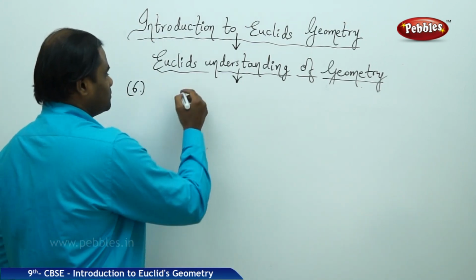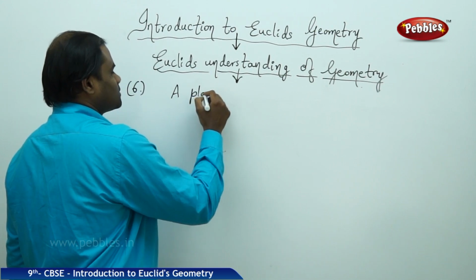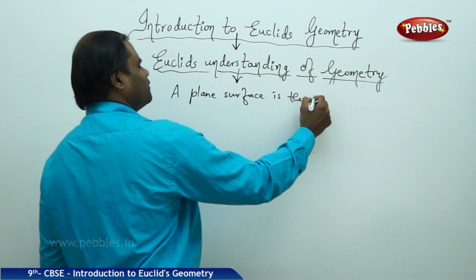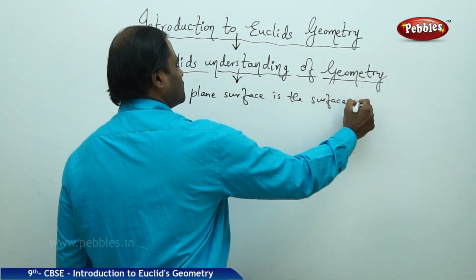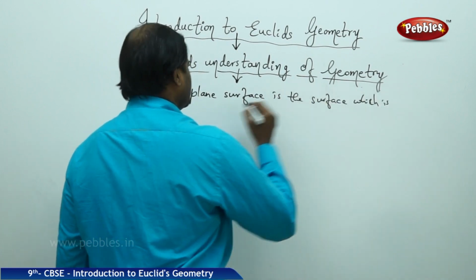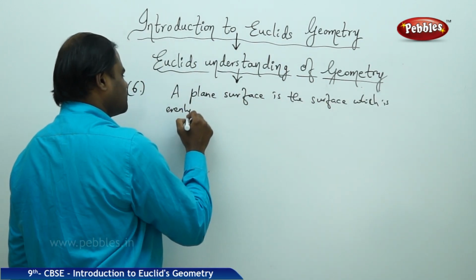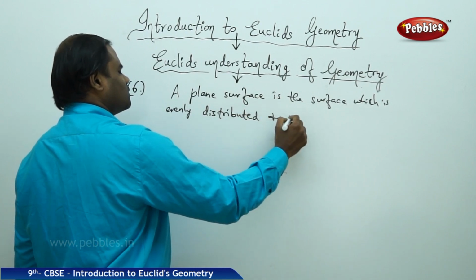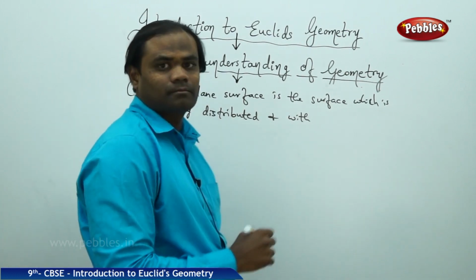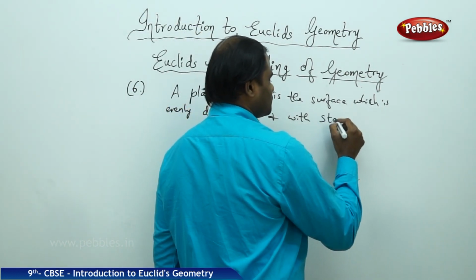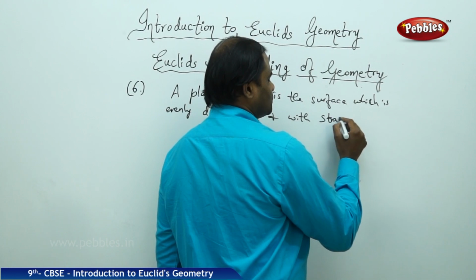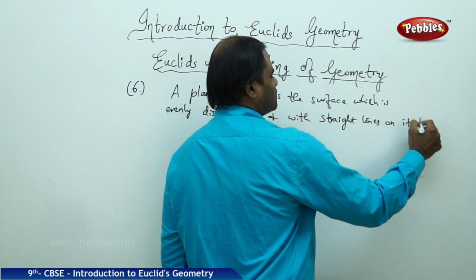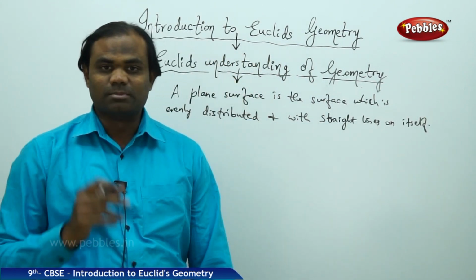According to Euclid, a plane surface is the surface which is evenly distributed with straight lines taken on itself.